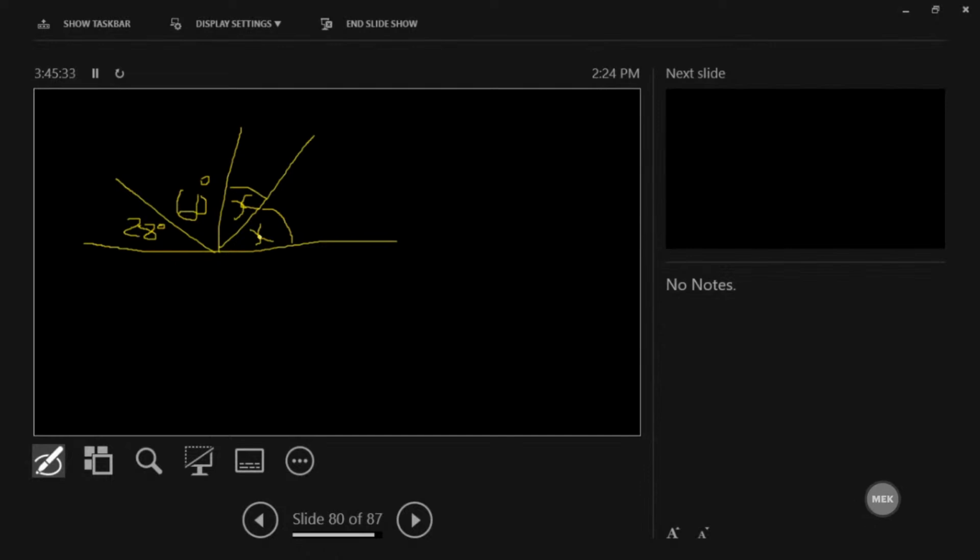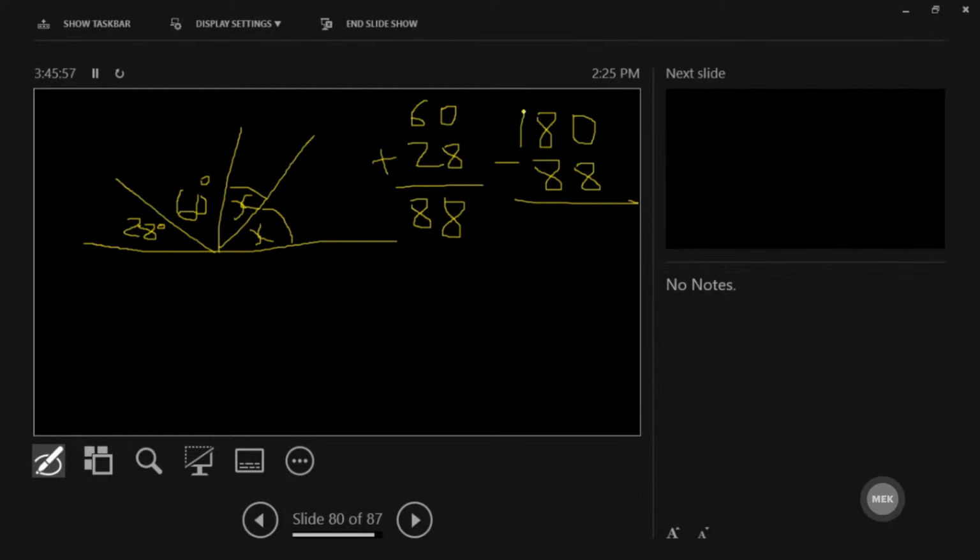Therefore, since we know 2 of them, Trevor and Zion said, add the 2 that we know. Put the 2 that we know together, and that gave us 88. And since we know they are on a straight line, take it away from 180 to see how much is left back. So when we take that away from the 180, we're left with 92.